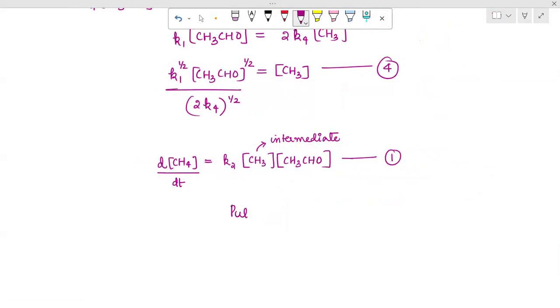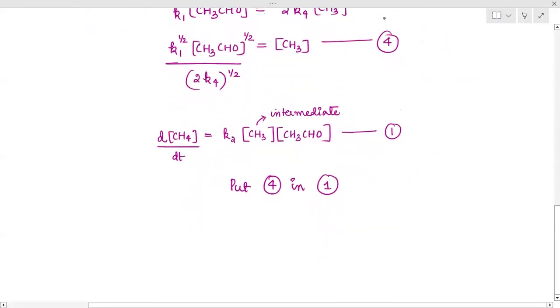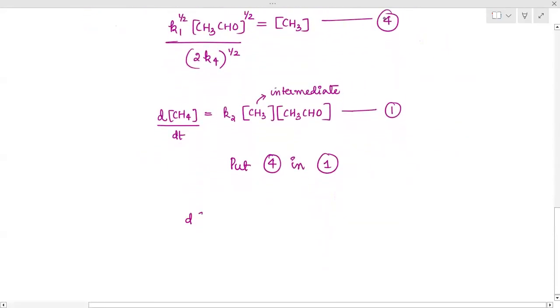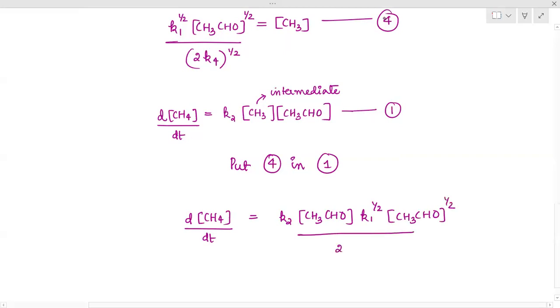We'll put equation number 4 in equation number 1. The rate of formation of CH4 is going to be K2[CH3CHO], which is already there in equation 1, times the expression of CH3, K1 to the power 1 by 2, [CH3CHO] to the power 1 by 2, divided by 2K4 to the power 1 by 2.